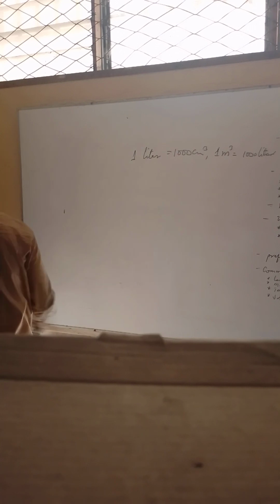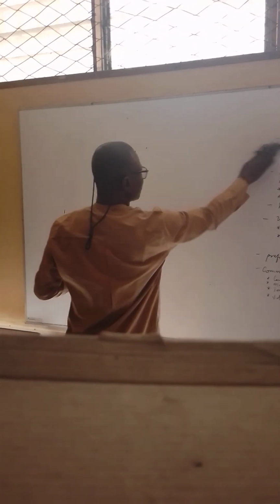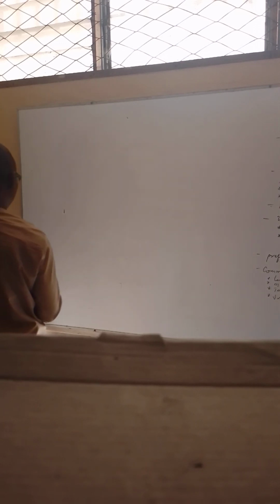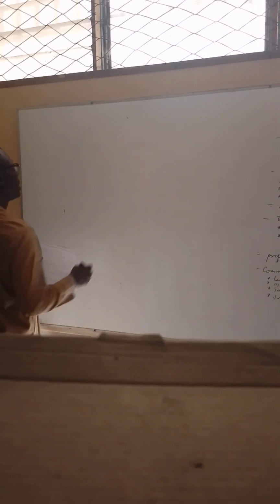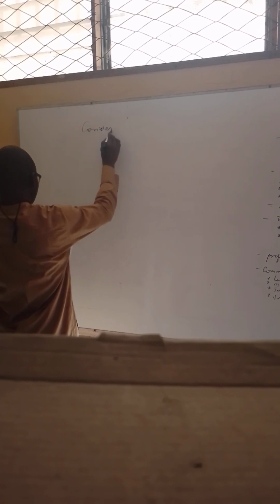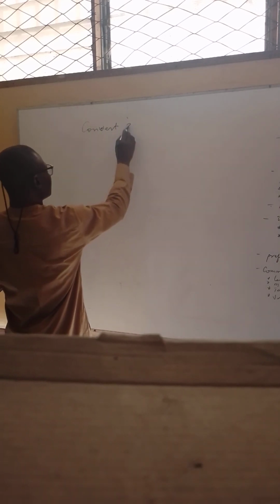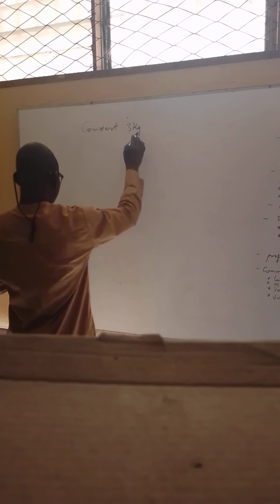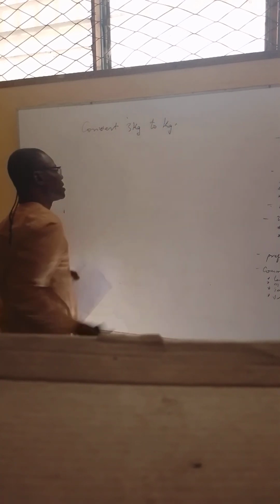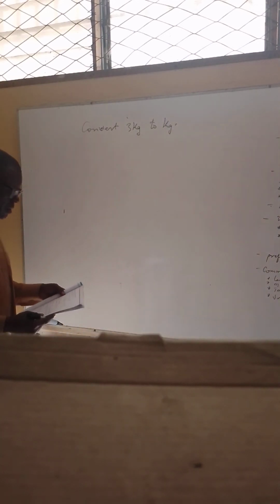We have examples now for unit conversion. The question is convert 3 kilonewton to kilogram.